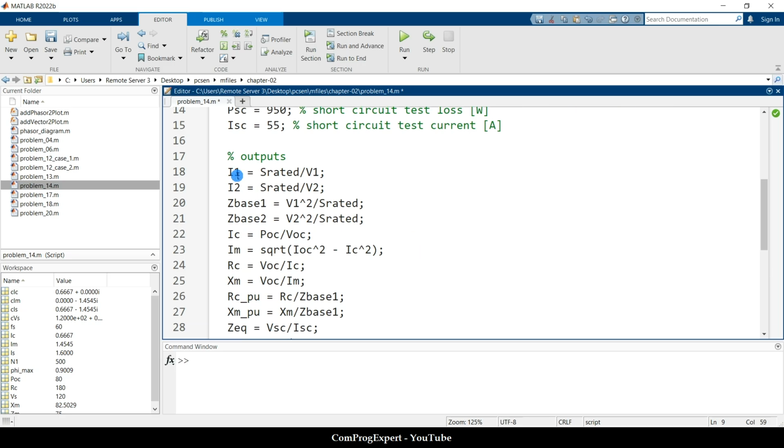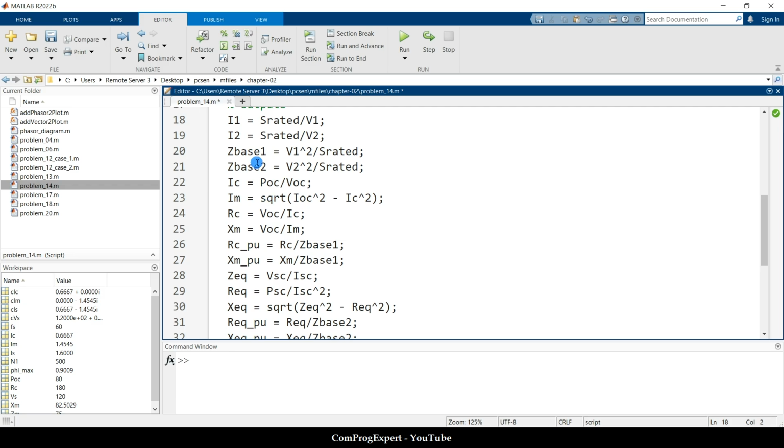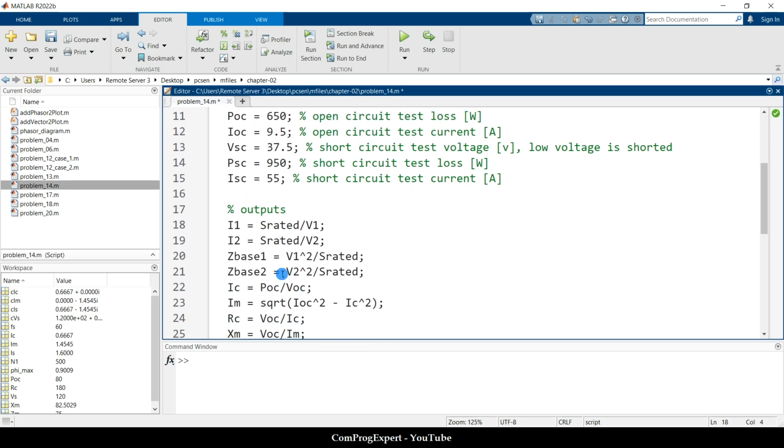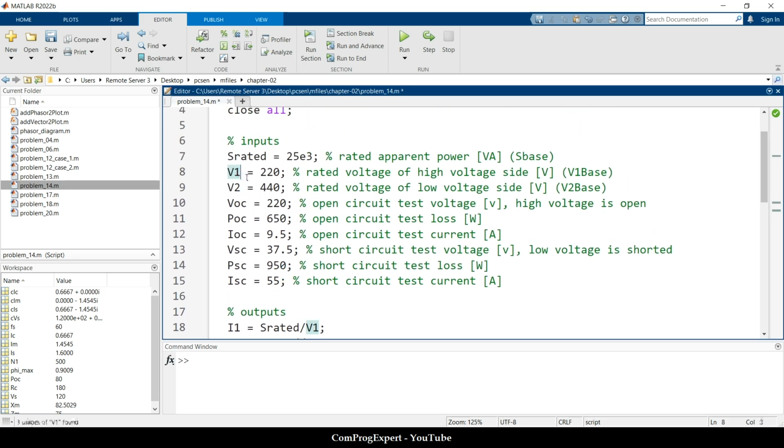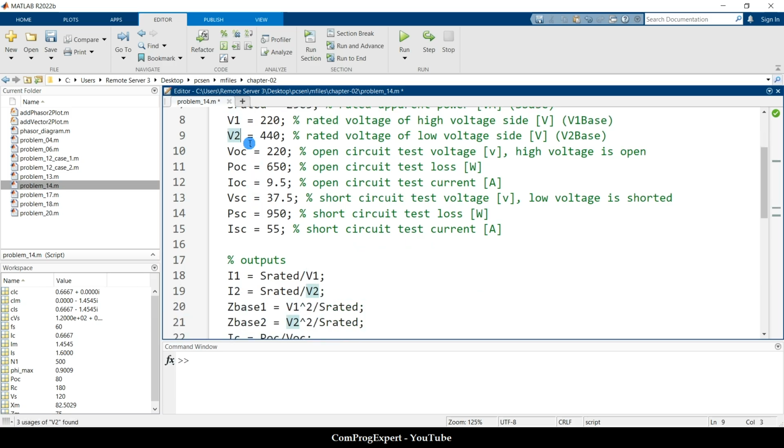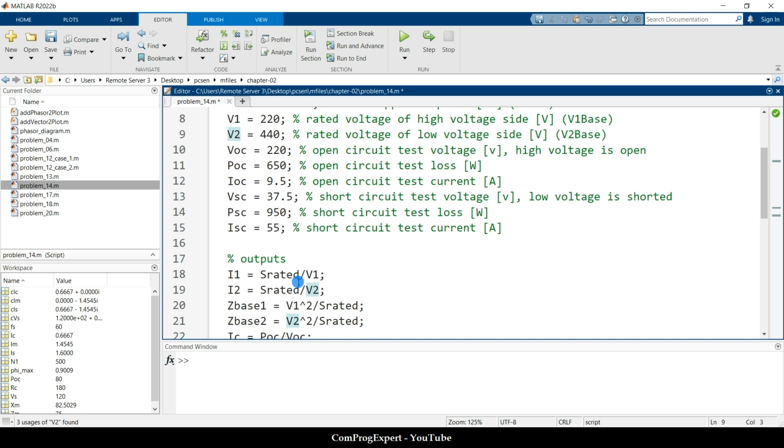So here we have these values. This is the I1 base. Okay, so this is V1, V2. We have these numbers. Actually, these numbers are also the base values.